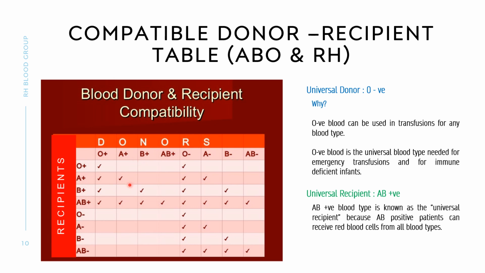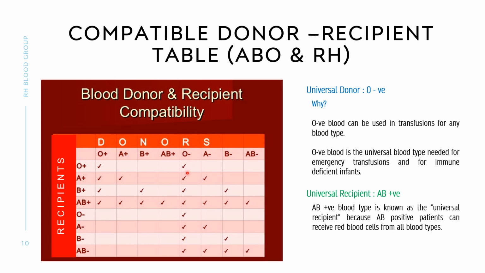Similarly, A positive blood can be given to A positive and AB positive, and to nobody else. B positive can be given to B positive and AB positive, and AB positive can be given only to AB positive. Whereas O negative blood does not have any Rh factor in it, and hence it is safe to be given to anybody.